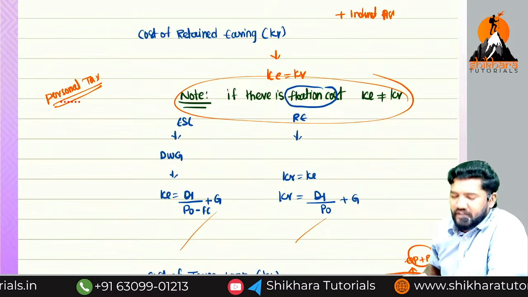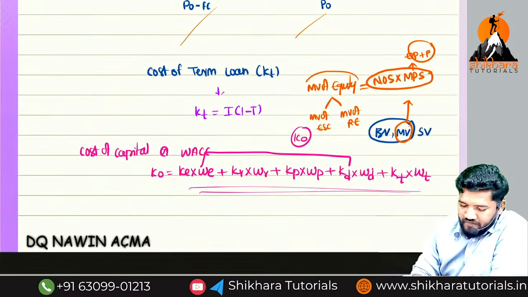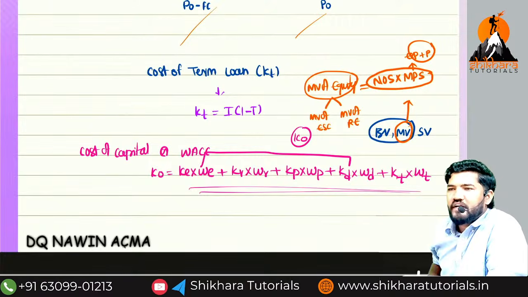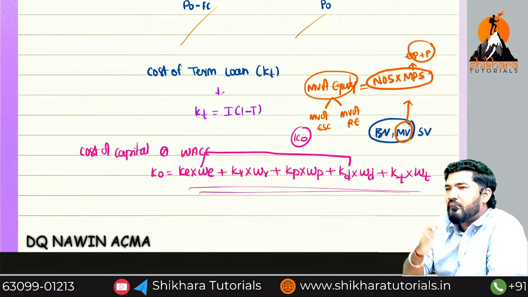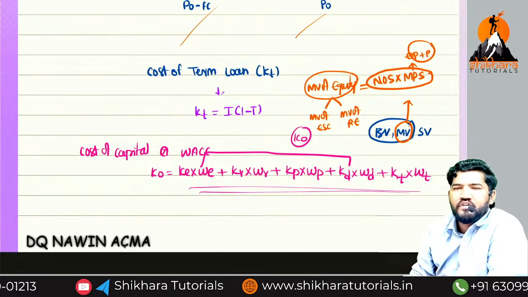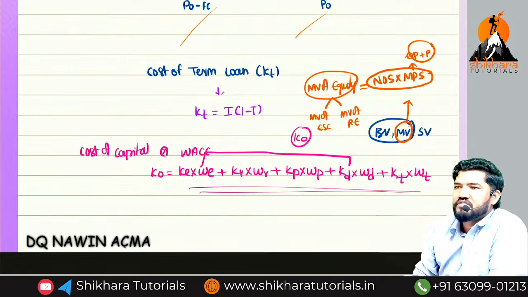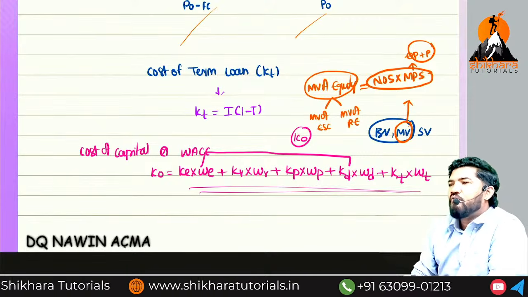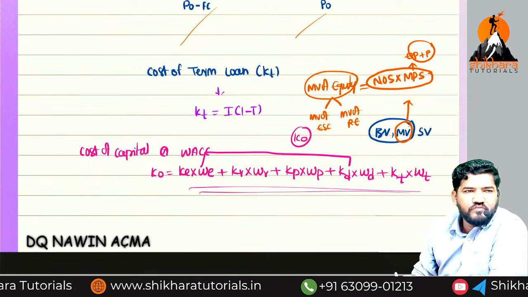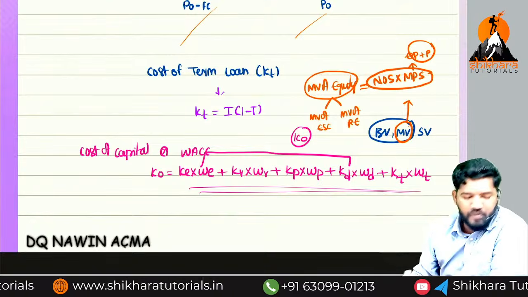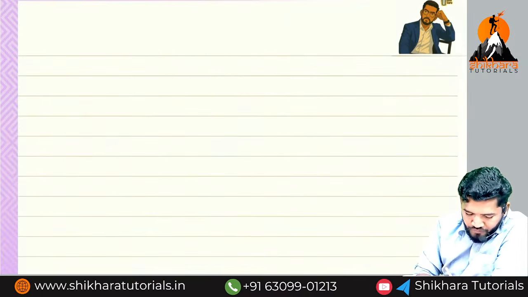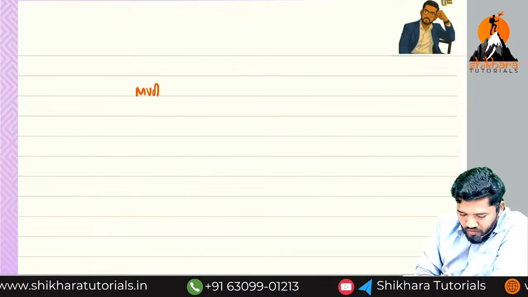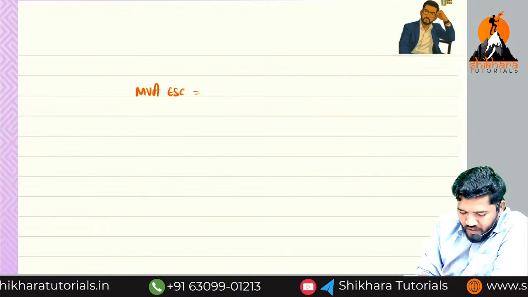At that time, you need to split the market value of equity into the market value of equity share capital portion and the market value of retained earnings portion. Can anyone tell me how to split this? With the help of book value proportion.